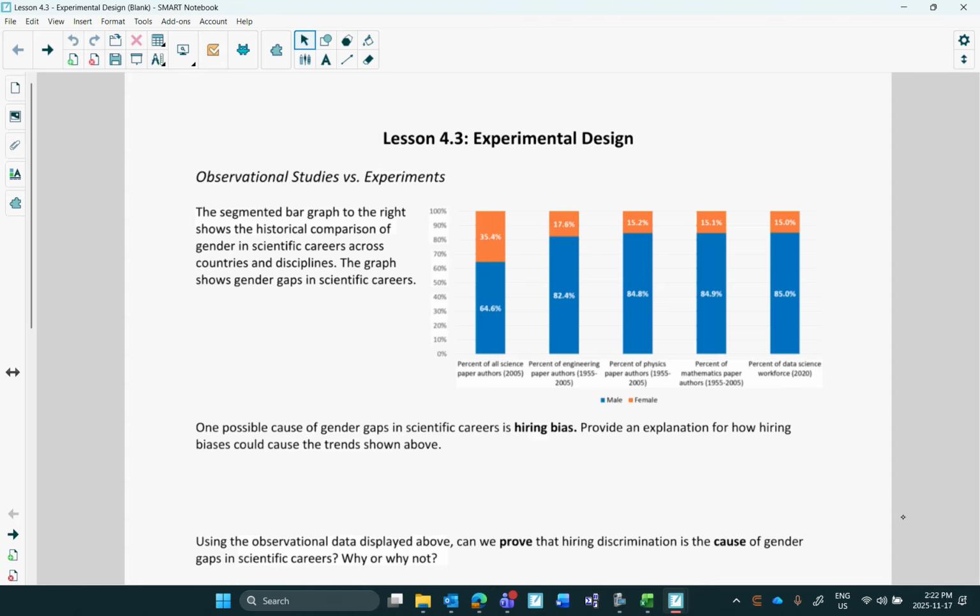Does that mean that one causes the other? Not necessarily. Are they associated? Yes, as one goes up, the other goes up.